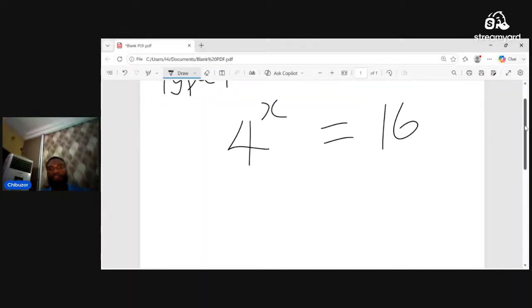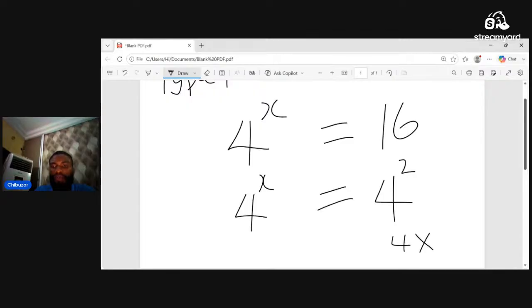So when you're solving this, you say 4 raised to power x is equal to. So remember, our target is to match the bases. What will be raised to 4 to get 16? That is 4 raised to power 2, because 4 times 4 is equal to 16.